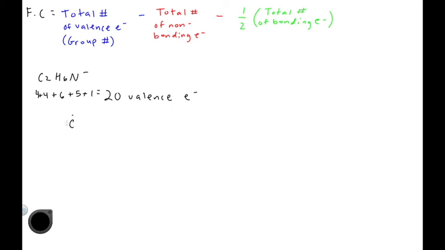We have carbon connected to nitrogen, connected to another carbon. Right? So this is going to be that structure.